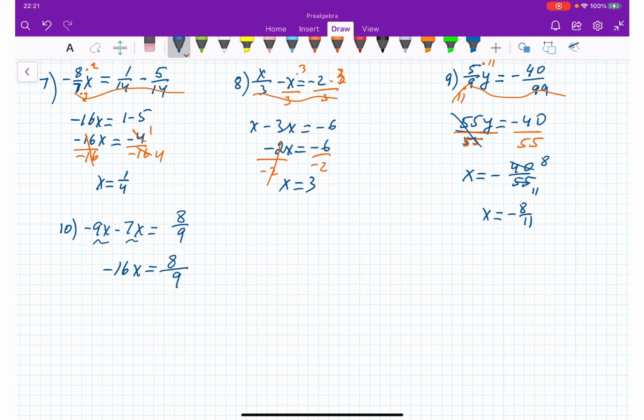So denominator is 9, right? So 9 here, take in parentheses, times 9. Why I took in parentheses, otherwise it would look like 9 minus 16x. So we drop this 9, result is 16 times 9. 9 times 6, 54, 5 in mind, 9 times 1 is 9, and 5 will be 144.